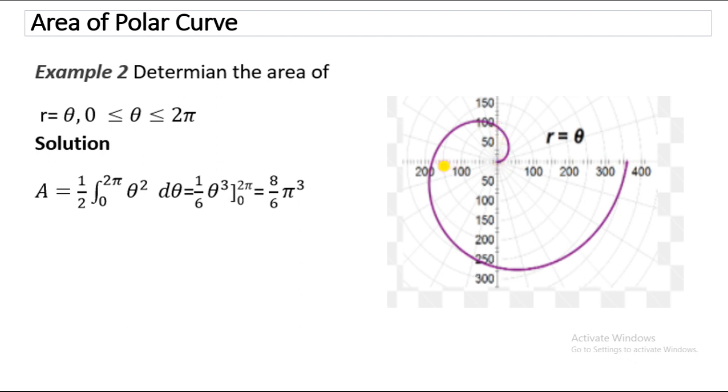If theta equals pi, r equals pi, at 180. If theta equals 3 pi over 2, r equals 3 pi over 2, at 270. If theta equals 2 pi, r equals 2 pi. Then I connect between these points. The graph is this.